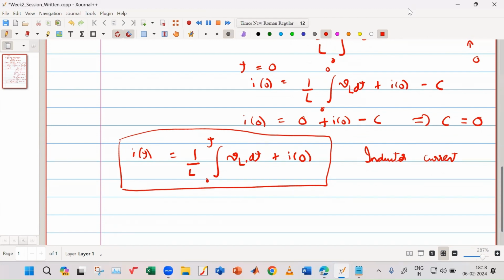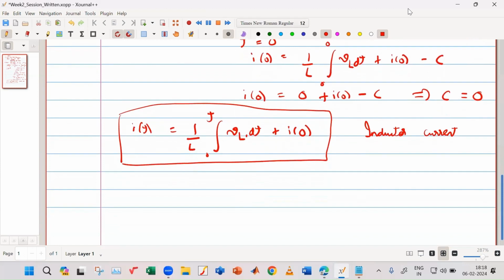No, in practical case, it is not like that, because suppose you have a circuit. Consider the circuit is like this. You have a battery of 5 volt. You have an inductor here, a resistor of 1 ohm.